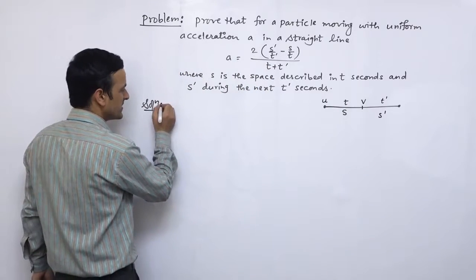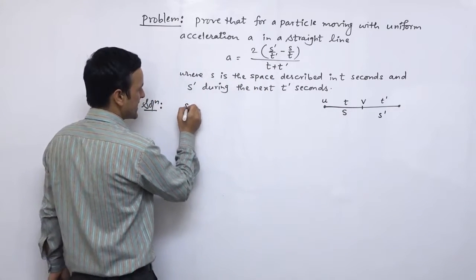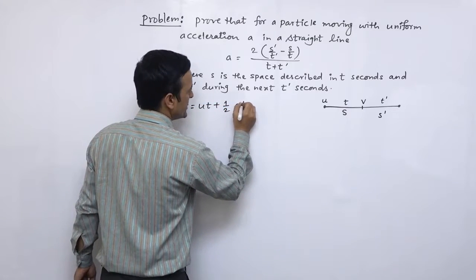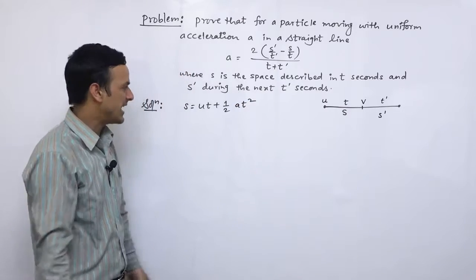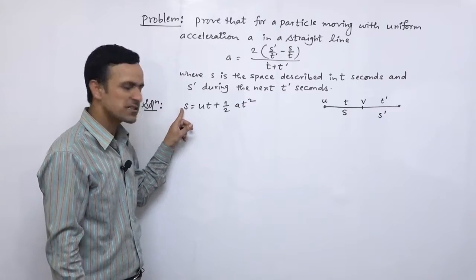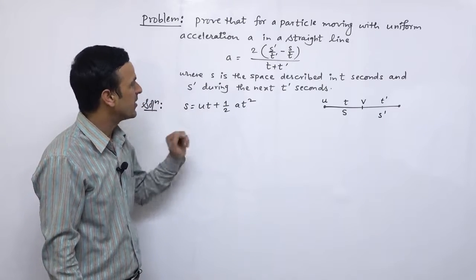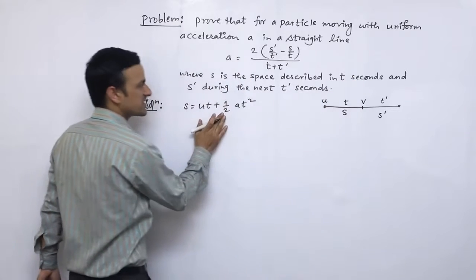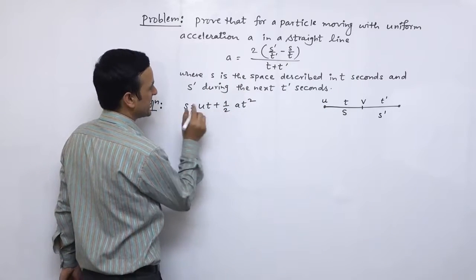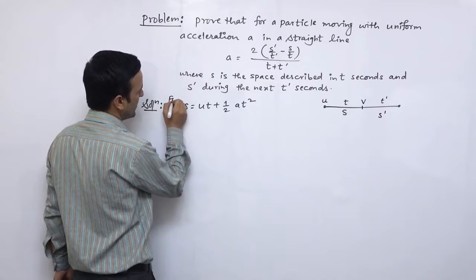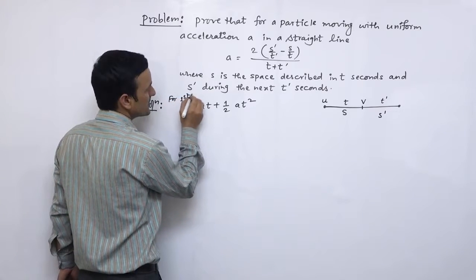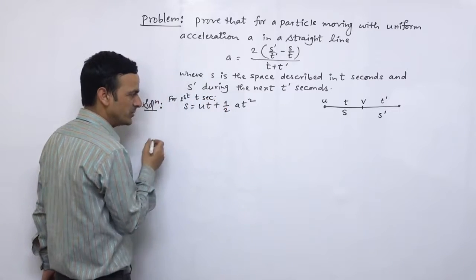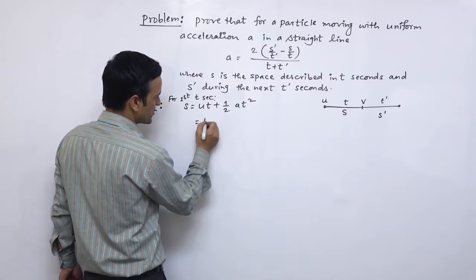So let's write, we can use the formula s is equal to ut plus half at square. This is the formula for distance covered by any particle or any body. So for the first t seconds, we can write this one like this.